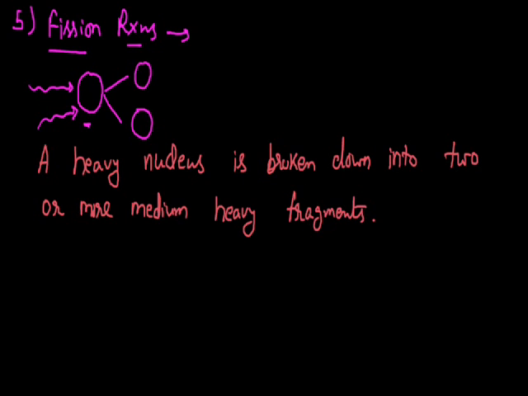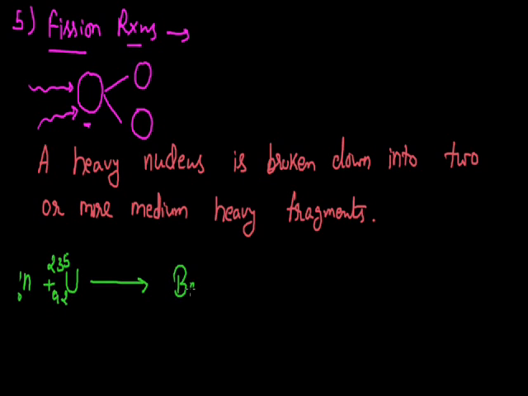For example, if I talk about the bombardment of a neutron on the isotope of uranium, here I am using uranium 92-235. Sorry, this one is not stable, since the atomic number is 92, and we have learned in the starting that all the atoms with atomic number greater than 82 are unstable. This one is unstable and radioactive in nature. So by the reaction, it is converted into two smaller nuclei.